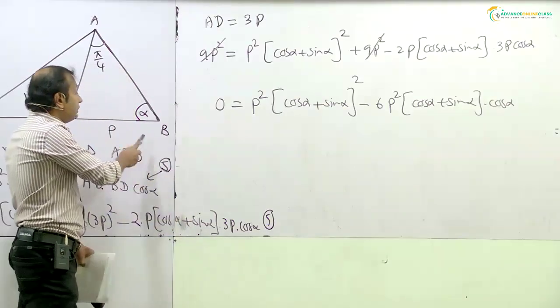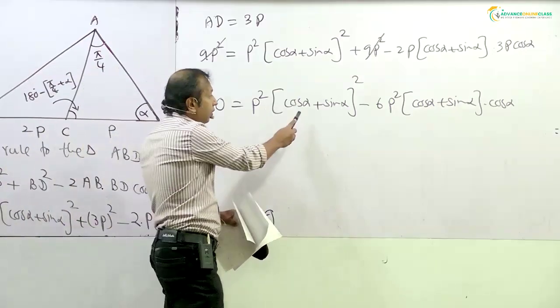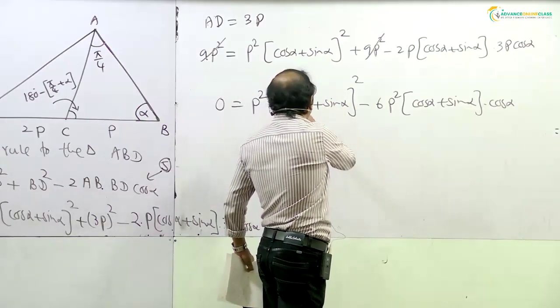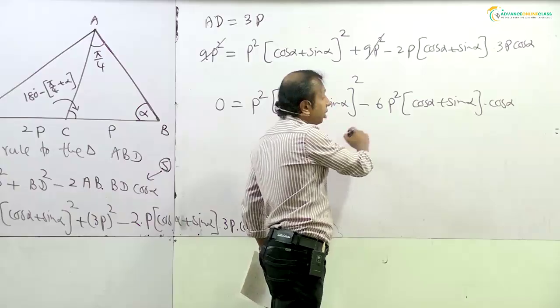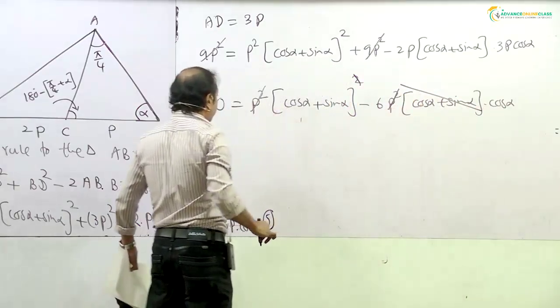You can very clearly see here, this alpha is an acute angle, no? When alpha is acute, cos alpha is positive, sin alpha is positive, therefore this bracket is positive. Therefore, we can cancel down cos alpha plus sin alpha throughout. This one term can be cancelled down. P squared also we can cancel down.